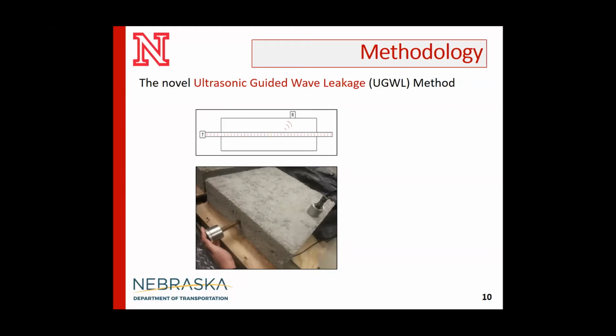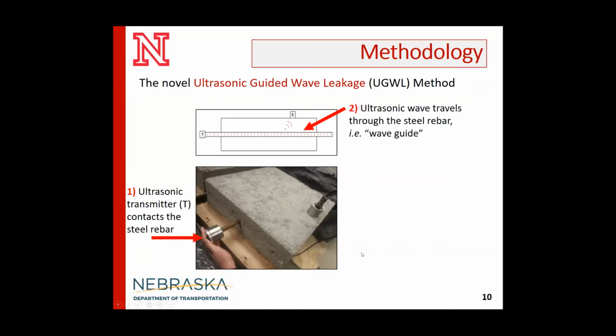So instead of measuring at the end of the rebar, which would give less of a travel distance and would attenuate faster as it leaks, we're measuring through different points on the concrete. So in the cast slab image, you can see we have the ultrasonic transmitter on the exposed rebar sending the signal, and then the wave travels through the bar and we measure through the surface of the concrete.